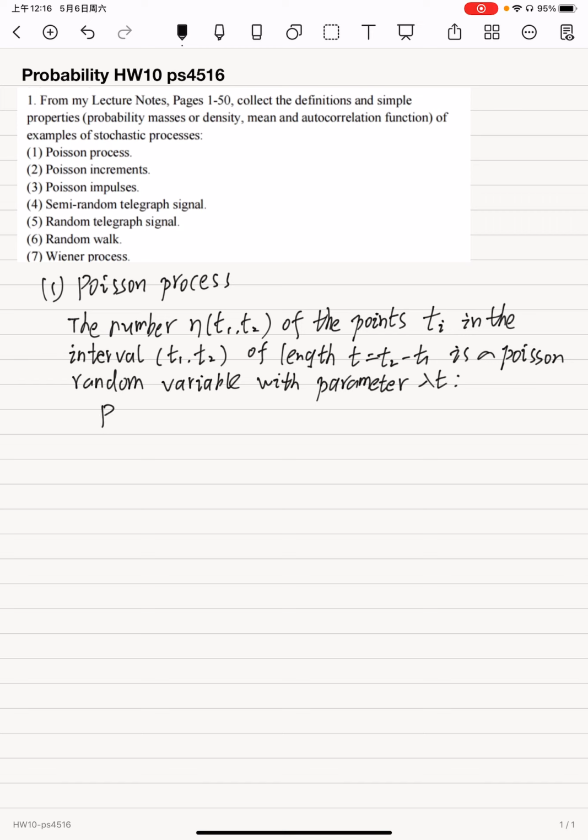So the probability of n(t1, t2) equals k equals e to the negative lambda t multiplied by lambda t to the kth power divided by k factorial.